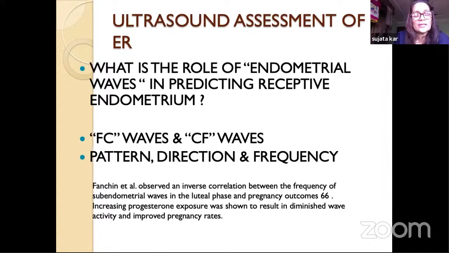So the point is that the ERA is based on the gene expression profile of the endometrium of a certain group of patients. Human genomics is extremely complicated, and it is possible that there are a lot of variabilities in different patient categories.